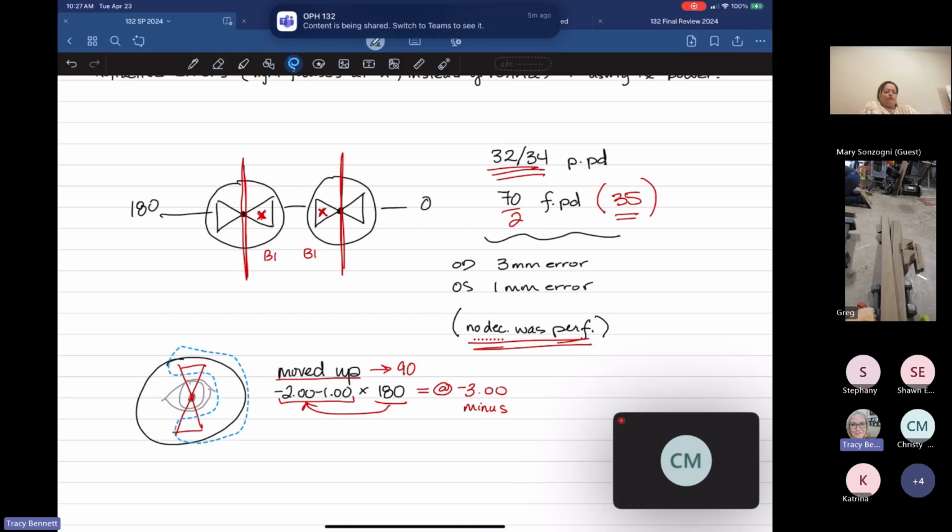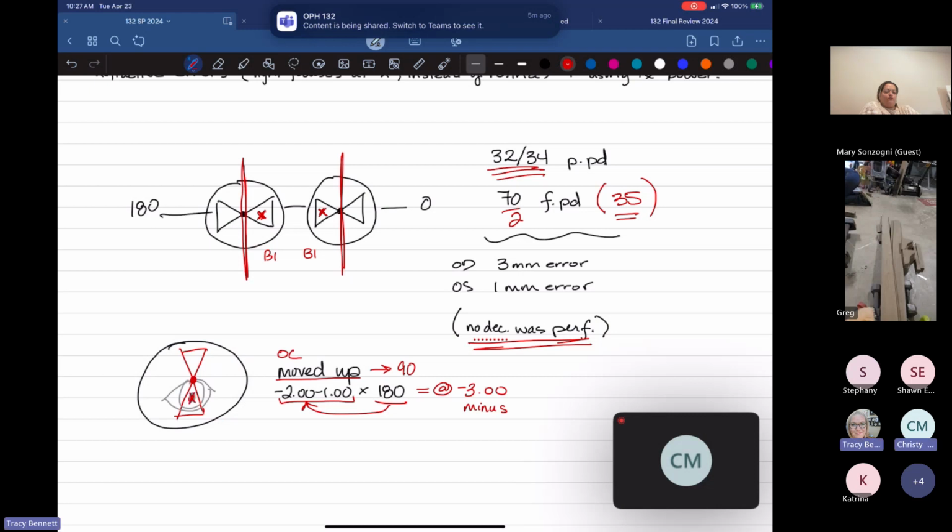I'm not taking the OC, unfortunately. Boom. So that shows you the lens moved up, and you see what kind of prism that causes. There's the OC. See, the OC was moved up. So right here is where the eye stayed where it was. So you can see then it's base down prism.